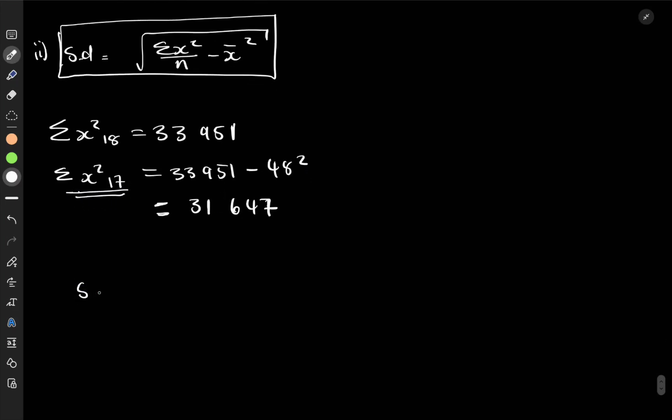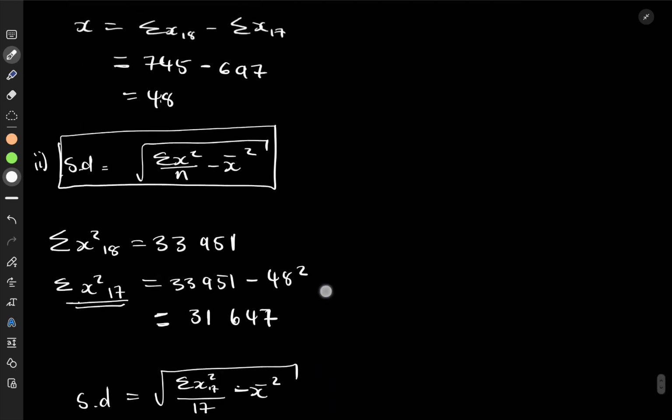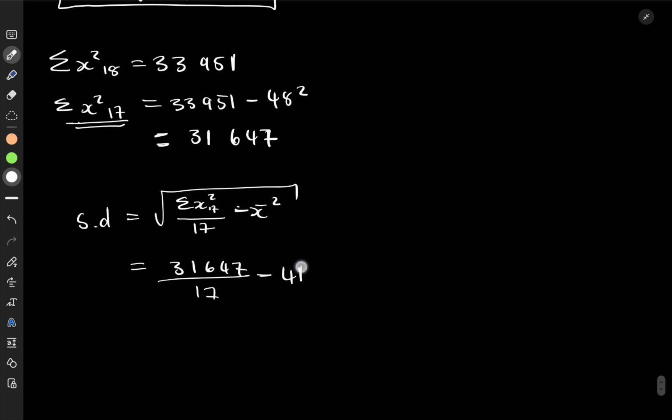And now I can say that standard deviation is equal to square root of summation of x squared for 17 all over 17 minus x bar squared, which is going to be, what's the sum? 31,647 all over 17 minus, what's the mean? I've been told the mean was 41 exactly. Yeah, it was 41. Then I can say 41 should be squared.